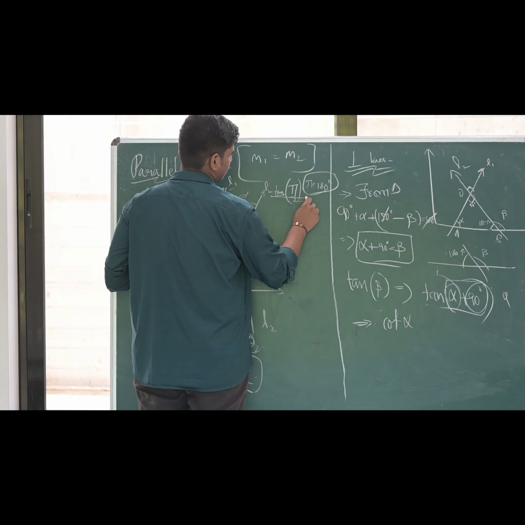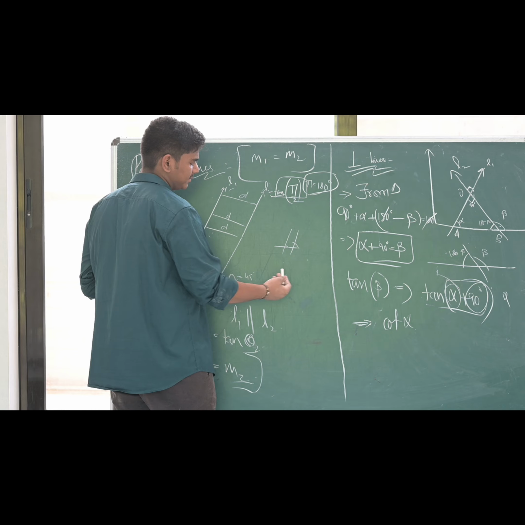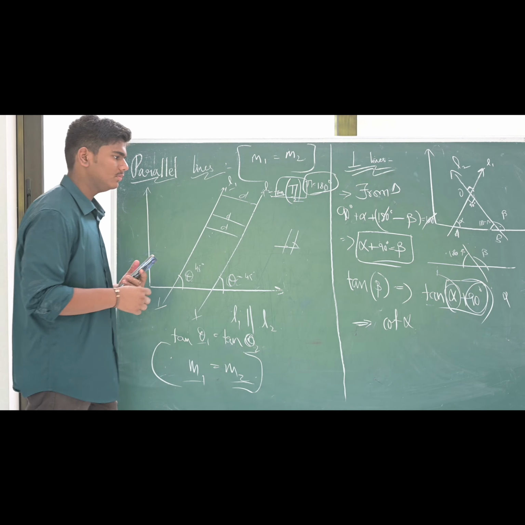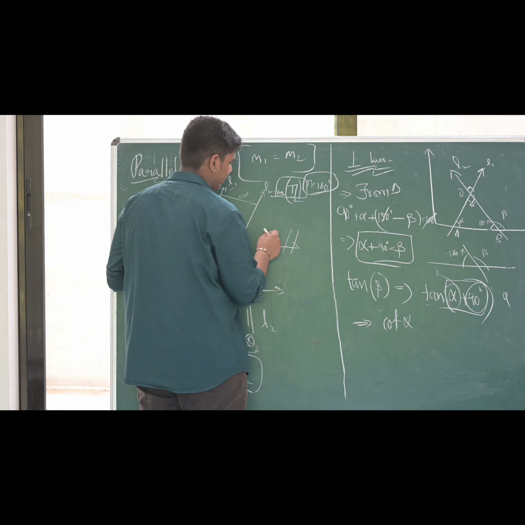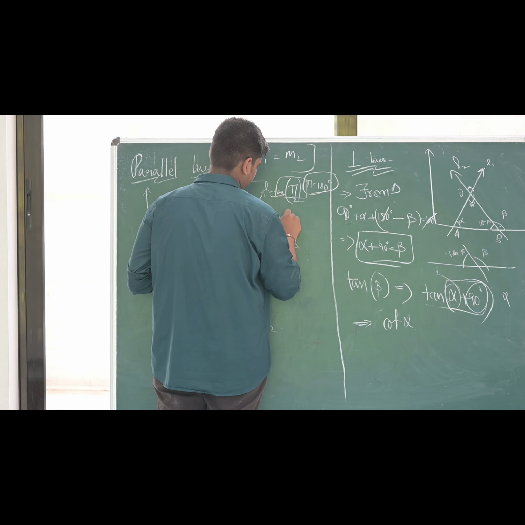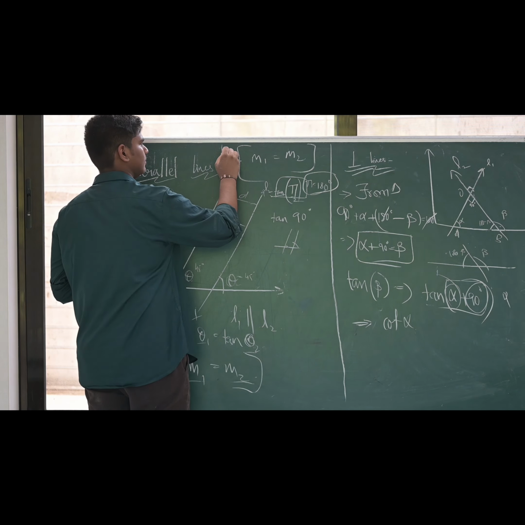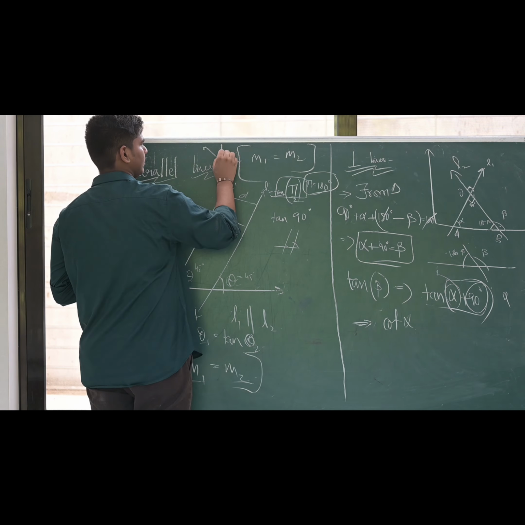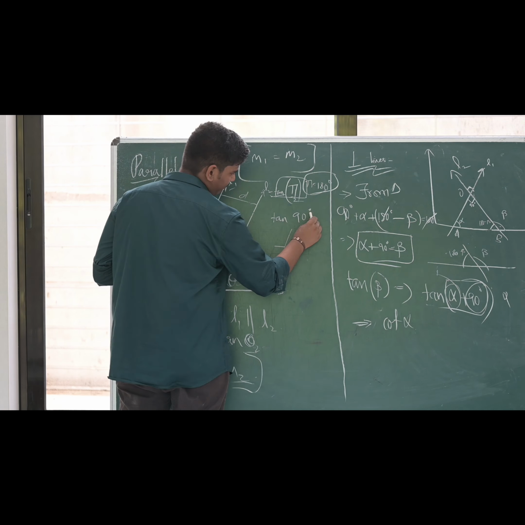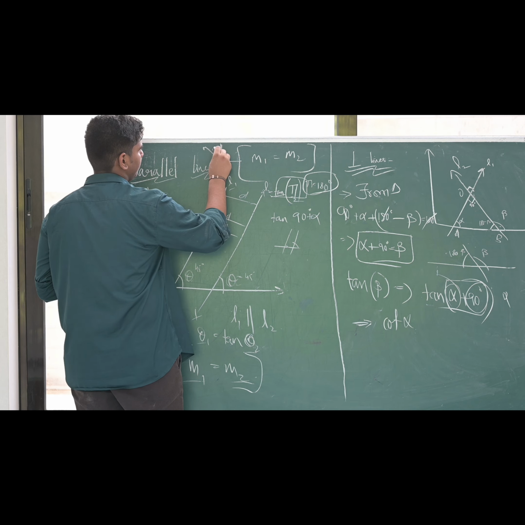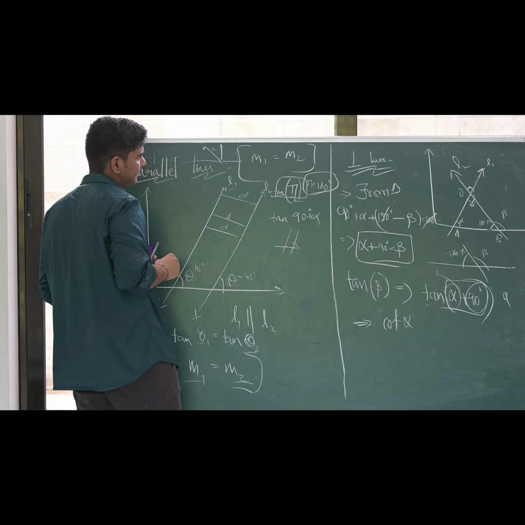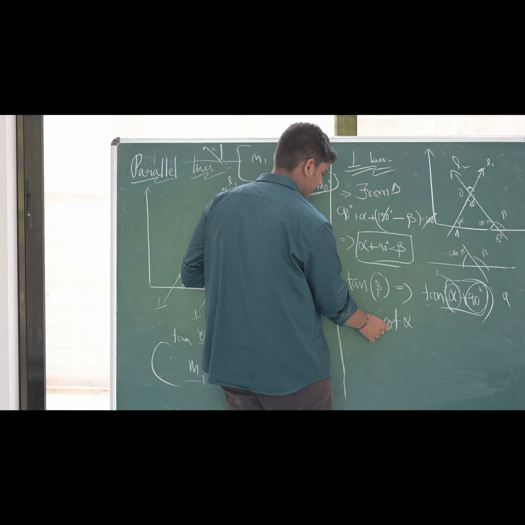So is tan pi by 2 positive or negative? Tan 90 plus alpha falls in the second quadrant. In the second quadrant tan is negative, so negative cot alpha.